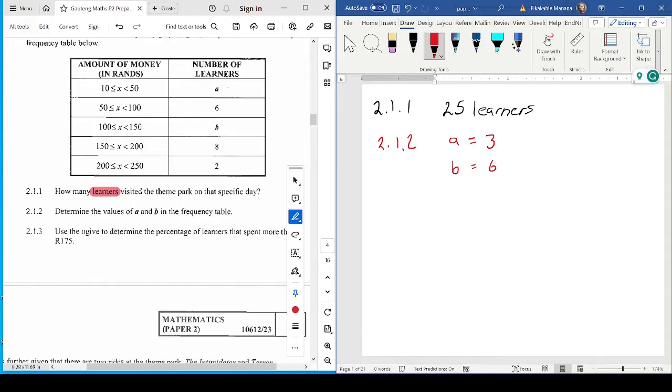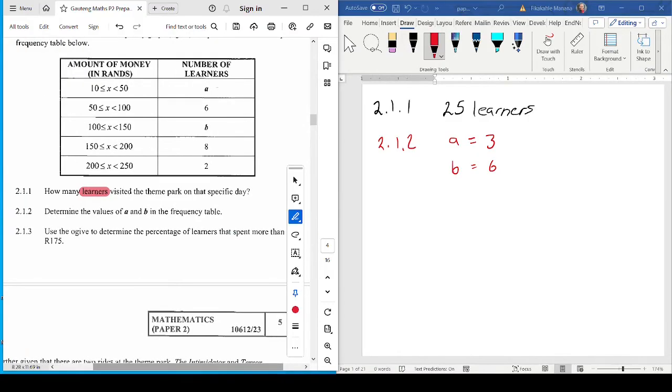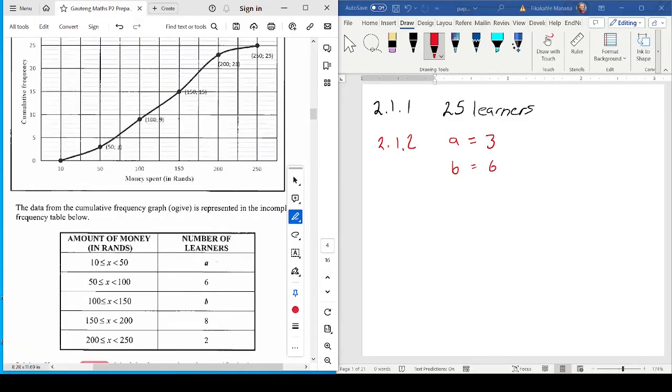It says use the ogive to determine the percentage of learners that spent more than 175. Okay, so 175, if we look at the money spent in rands, remember these are the amounts. 175 is right over there.